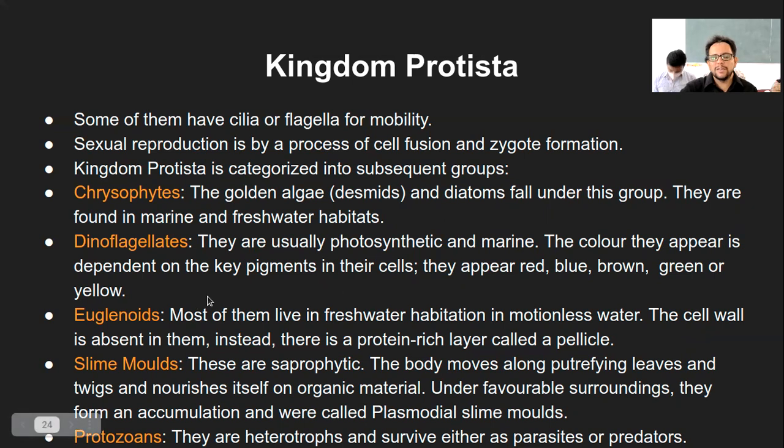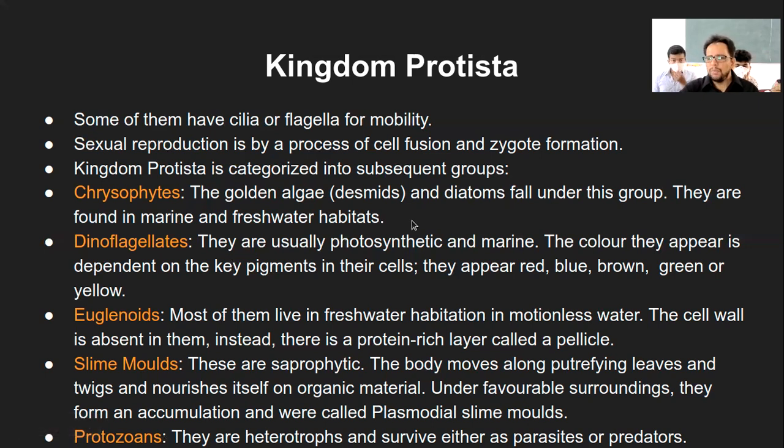Let's say, for example, Euglenoid is in which kingdom? Then you have to remember that it is part of kingdom Protista. So kingdom Protista has been divided into different groups, and 5 of them are Chrysophytes, Dinoflagellates, Euglenoids, slime molds, and Protozoa.